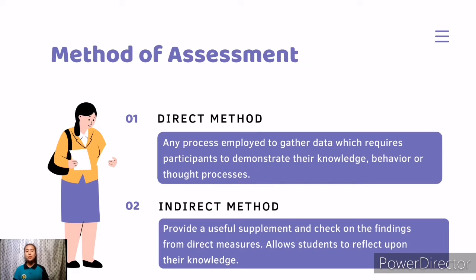So I will be discussing the direct method and indirect method. So let's go first to the direct method. So direct method is any process employed to gather data which requires participants to demonstrate their knowledge, behavior, or thought processes.